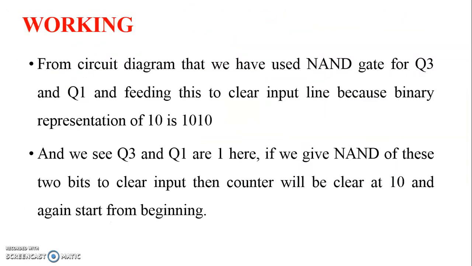That is called a decade counter. So this is the working of the decade counter. From the circuit diagram, we have used a NAND gate for Q3 and Q1, and that output is fed to the clear input line, because the binary representation of 10 is 1010, and we see that Q3 and Q1 are 1.